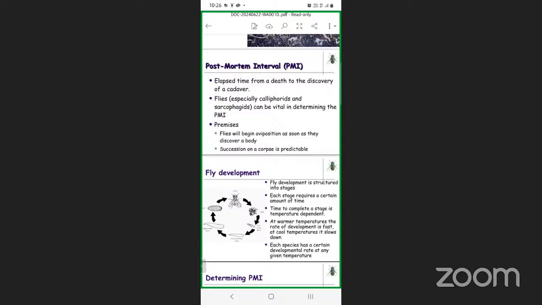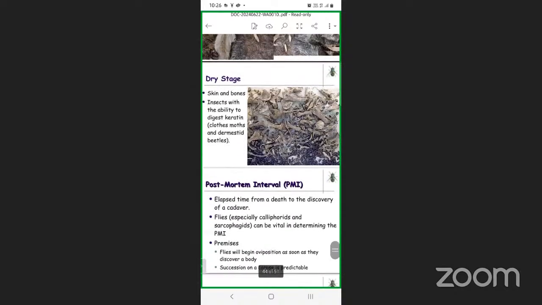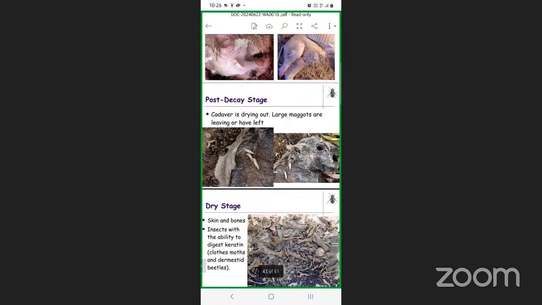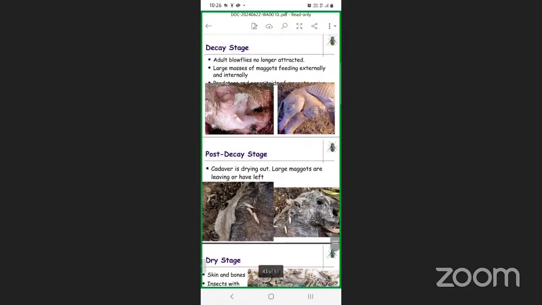So each species has a certain developmental rate at any given temperature. And it goes on like that between the stages.